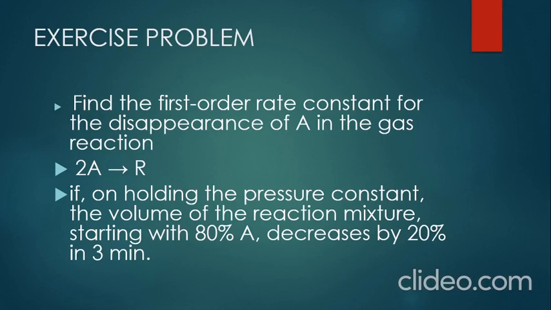Find the first order rate constant for the disappearance of A in the gas reaction, in which 2 moles of A are converted into 1 mole of R, if on holding the pressure constant, the volume of the reaction mixture starting with 80% A decreases by 20% in 3 minutes.